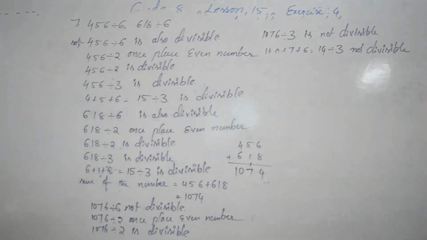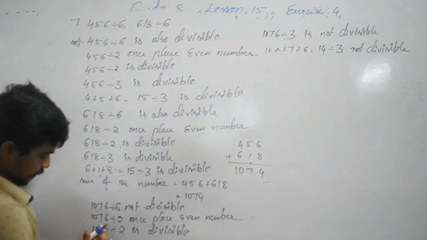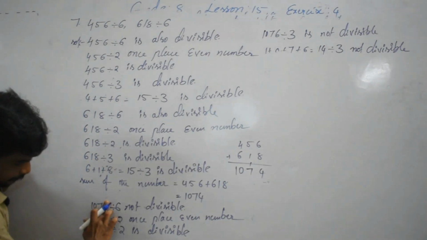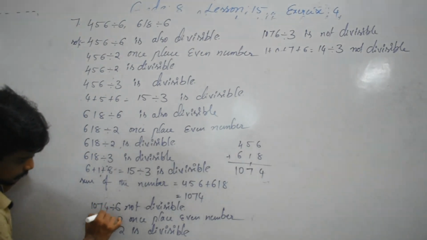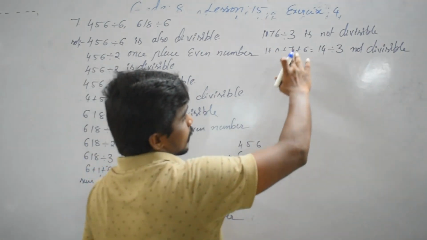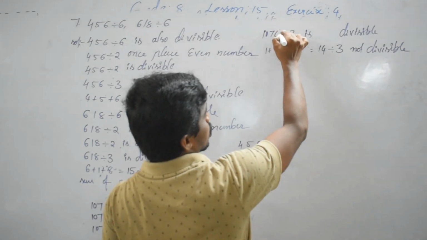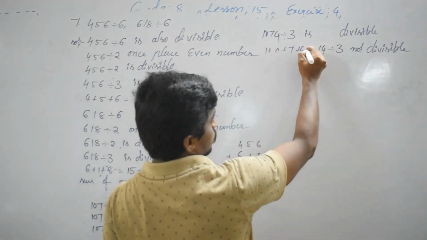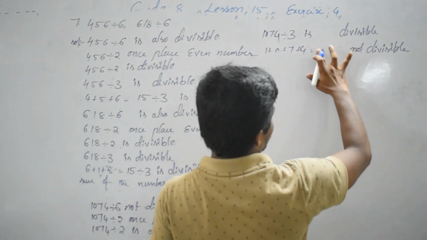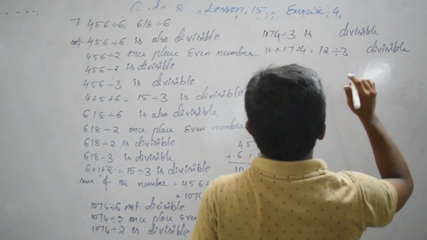Sorry, here is a small mistake. It is 1074, but here I wrote 1076. Sorry. So divisible by 2. Here by 3, why? Here 4. So 7 plus 4, 11. 11 plus 1, 12. So 3 is also divisible.